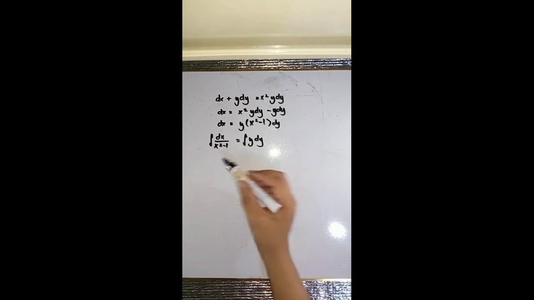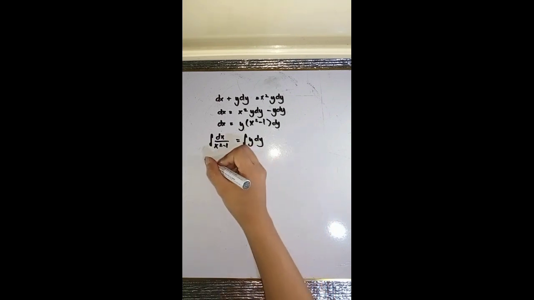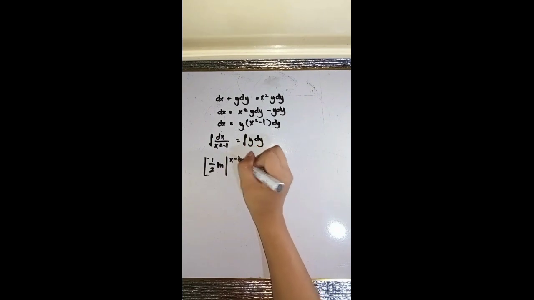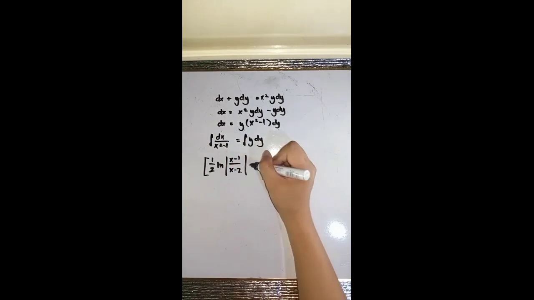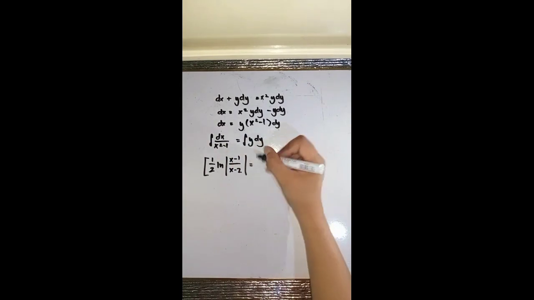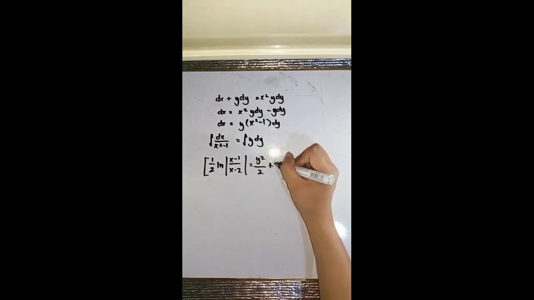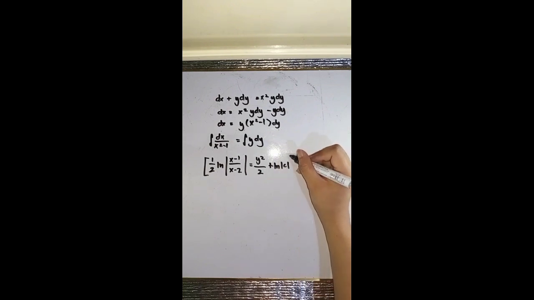So the result will be 1 half ln of (x minus 1 over x plus 1) equals the integration of y dy, which is y squared over 2 plus ln of the arbitrary constant c.